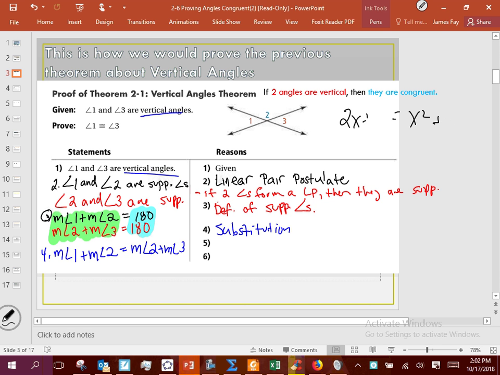Okay, so let's get rid of them. It's just a number hiding behind that symbol, and it's on both sides. Let's get rid of it. If I get rid of it, we're left with measure of angle 1 equals measure of angle 3, right? Does that make sense? When you got rid of it from both sides, getting rid of something, you use what operation? Subtraction. We did it from both sides, so it's subtraction property of equality.